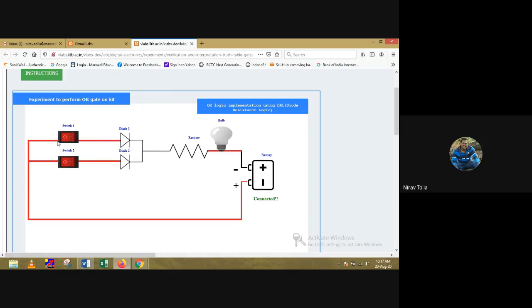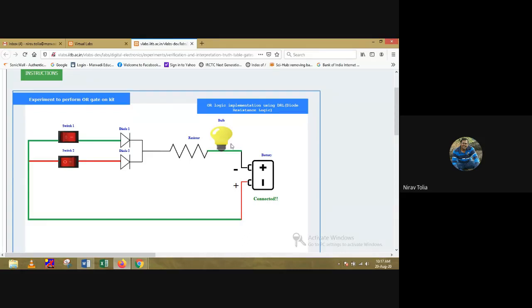Now you can see if both the inputs are 0, then my lamp is off, so 0, 0, 0. But if any one of the switches is on, then my lamp will be on, because now my circuit is closed through diode 1, and diode 1 is forward biased, and it gives the supply to the bulb.